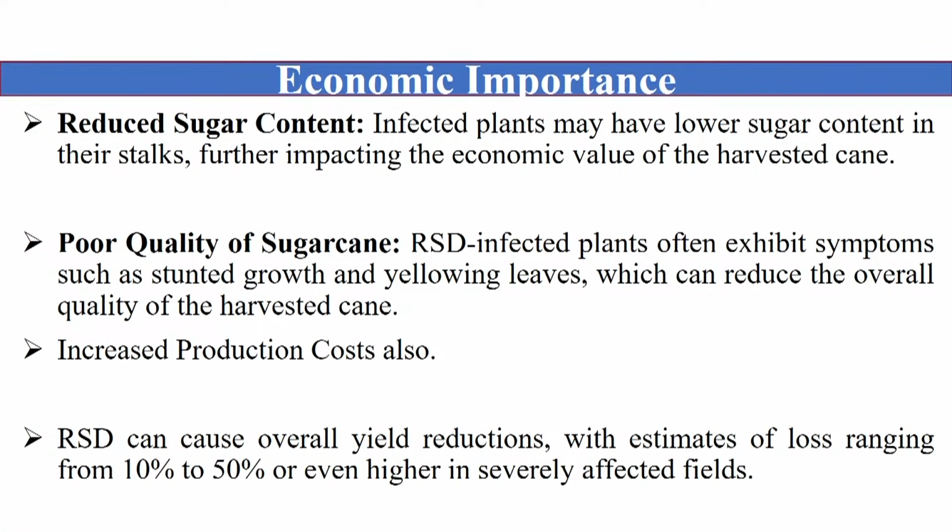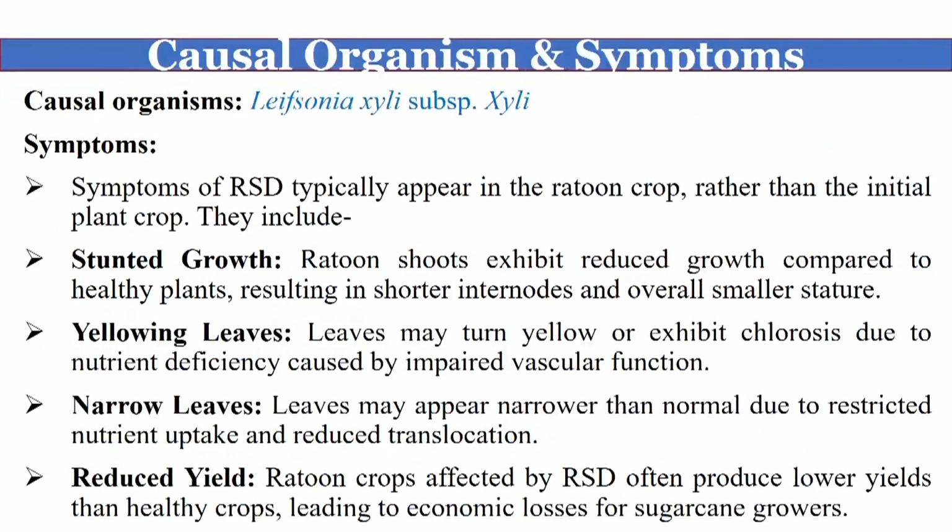RSD infected plants often exhibit symptoms such as stunted growth and yellowing of the leaves, which can reduce the overall quality of the harvested cane. RSD can cause overall yield reduction, with estimated losses ranging from 10% to 50%, even higher if the field is severely affected.